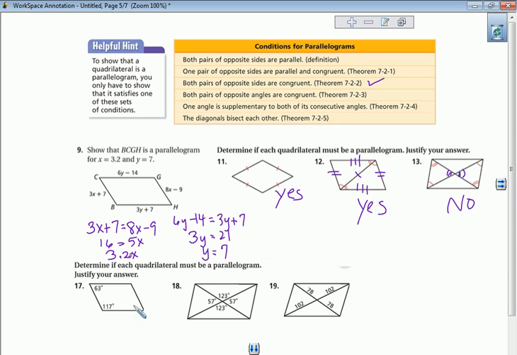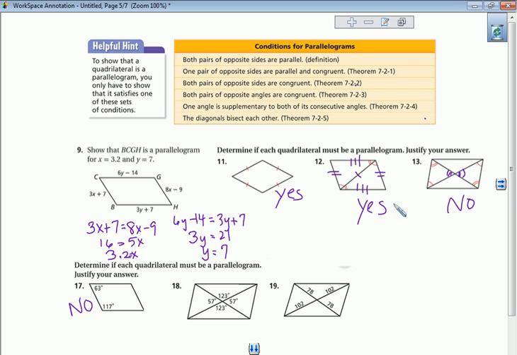Okay, let's take a look at these. Skipping down to 17. Is this enough on number 17? Okay, I see supplementary, so let's look. One angle is supplementary to both of its consecutive angles. Did they give us both? Nope, not enough. All right, so let's look at 18.